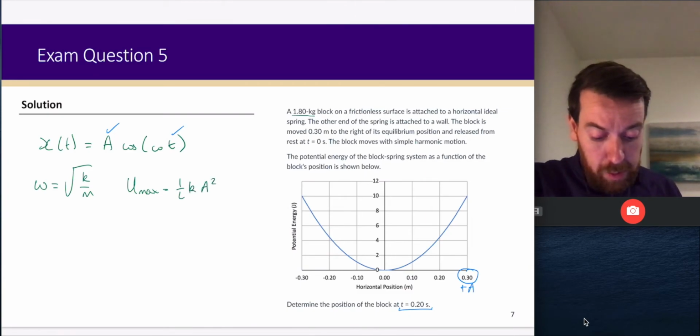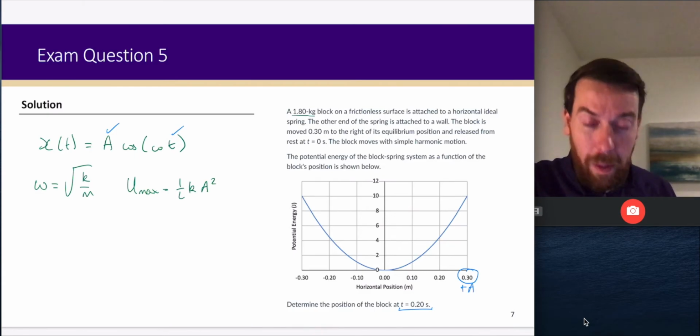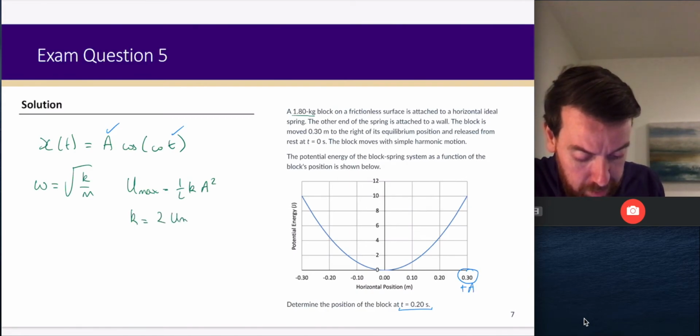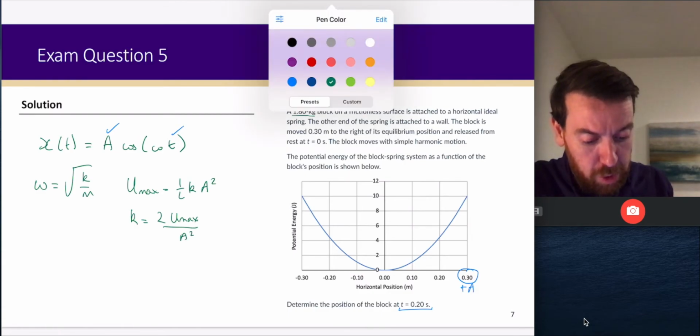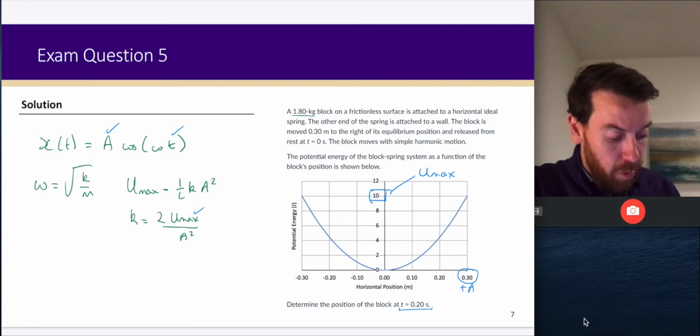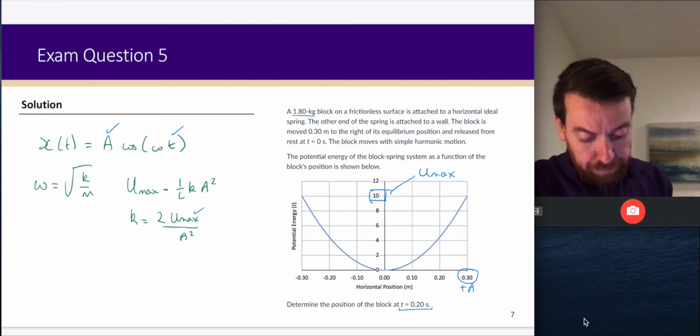In this expression, I can solve for k in terms of U max and A. So k in this example would be 2 times U max divided by A squared, and those are quantities that we do have. We can read the U max off of the graph here. It's 10 joules. And A is 0.3.